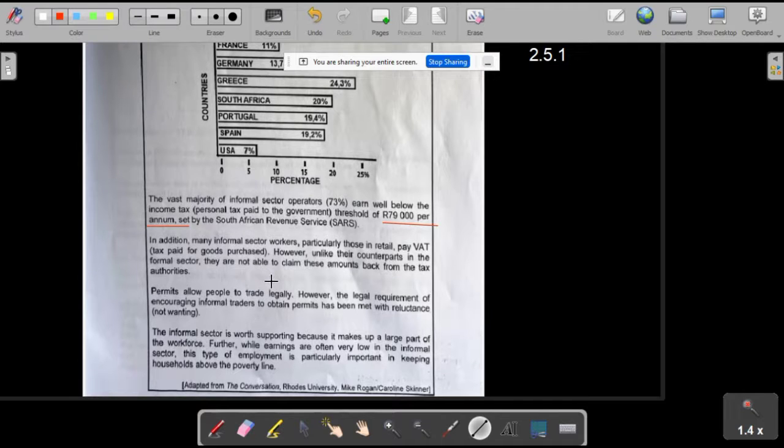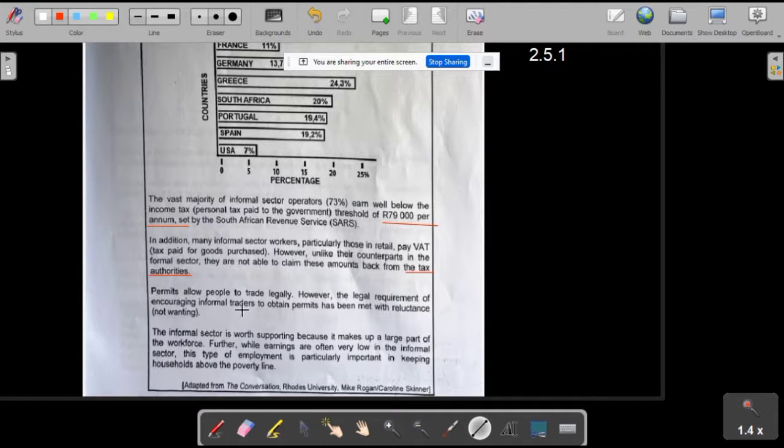However, unlike their counterparts in the formal sector, they are not able to claim these amounts back from the tax authorities. You can claim back tax when you've paid over, a lot more than what was required.